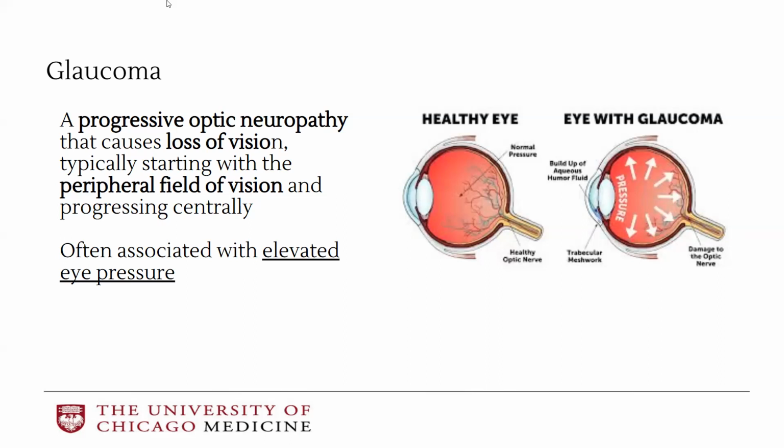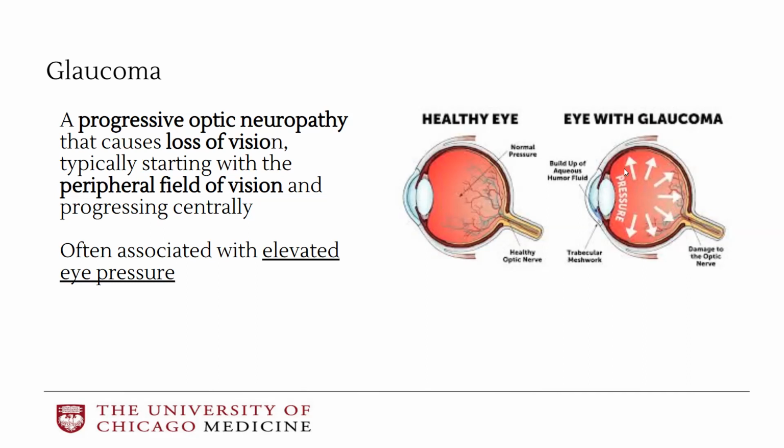But if it progresses long enough, it can actually affect the central vision as well. And that's where glaucoma gets scary, because up until now, we don't really have the ability to reverse that damage. Most people, once you lose parts of your field of vision, you don't really get it back.